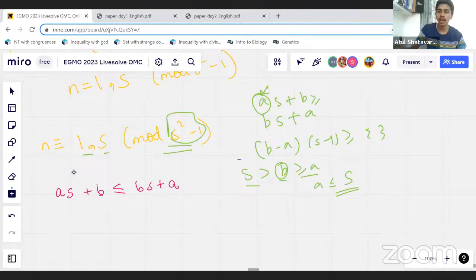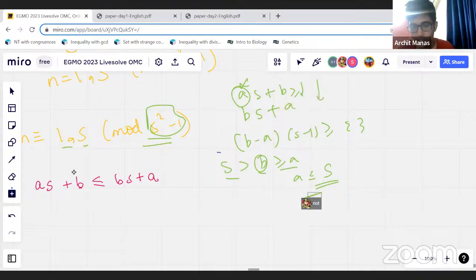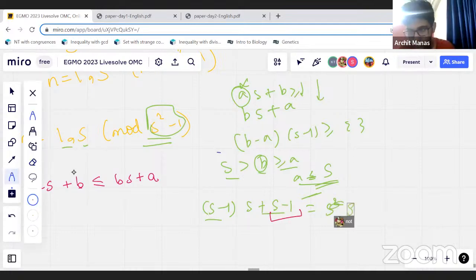And why does it eventually go below s squared minus 1? It's always decreasing, right? Because if it doesn't decrease at some point, you have size issues. If a is strictly less than s, then this is at most s minus 1 times s plus s minus 1, which is s squared. Or not this, s squared minus 1.